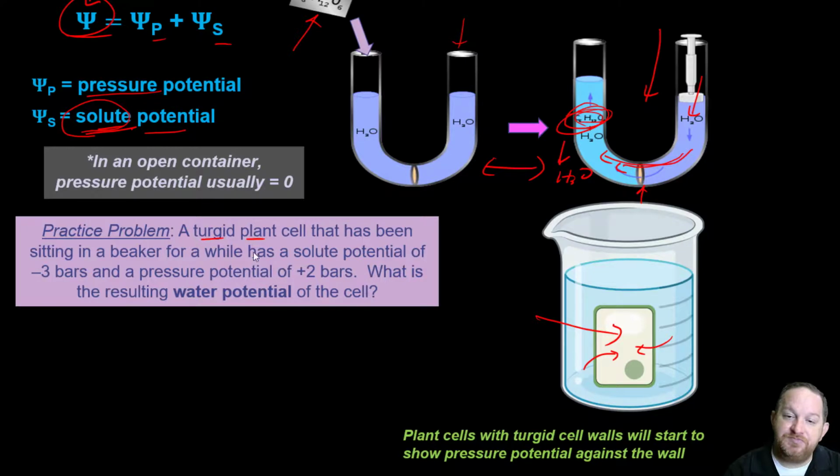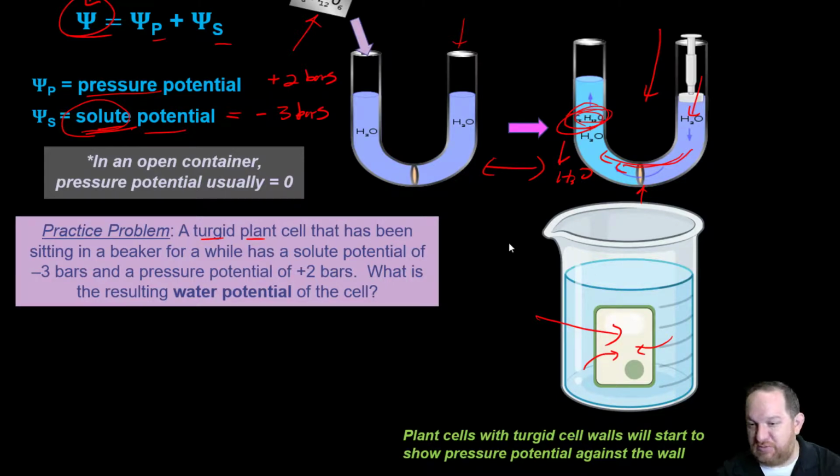Sitting in a beaker and has a solute potential of -3 bars. So if we're looking at our solute potential, in this case, it's -3 bars. It has a pressure potential of +2 bars. Why is that?